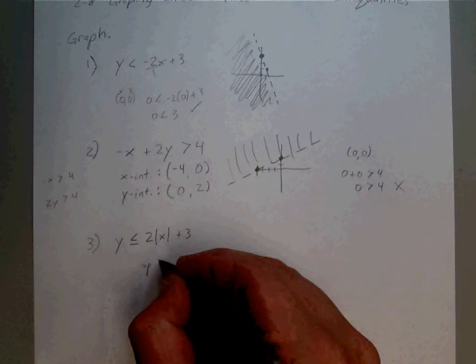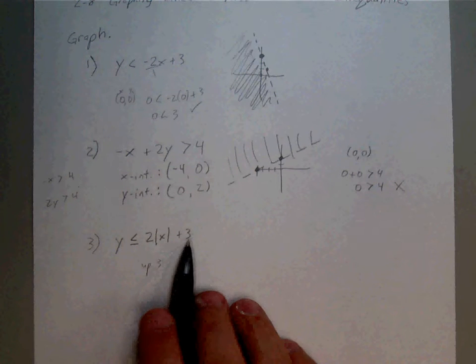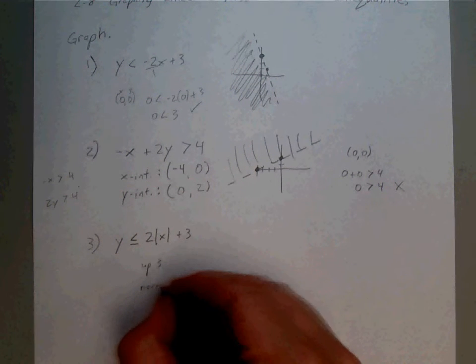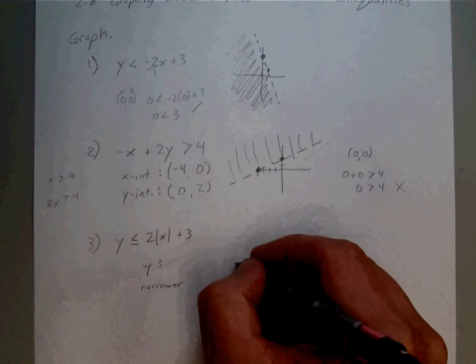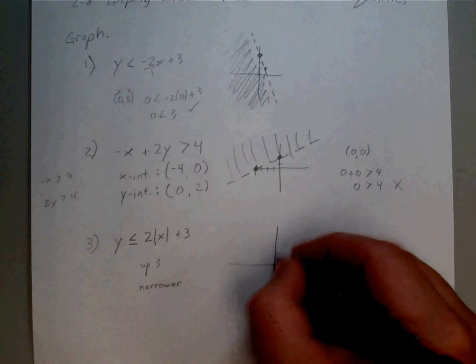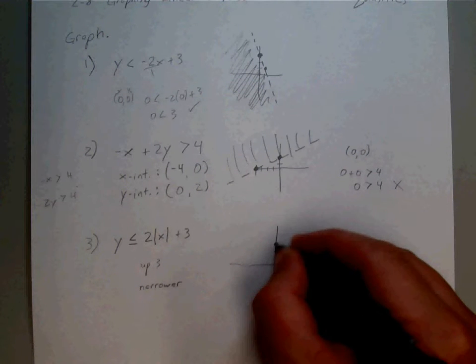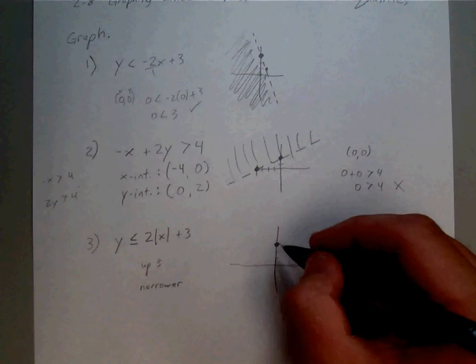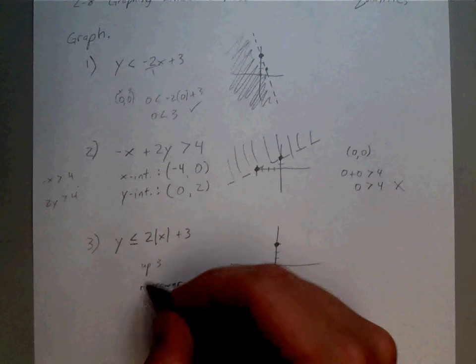Maybe you even want to write this down. Shifted up 3, and then the 2 makes it narrower, or the slope is going to be 2. So on my number line, go up to 3, put a point, and then it's a V, because it's absolute value. It's going to be open and up. It's going to be kind of narrow.